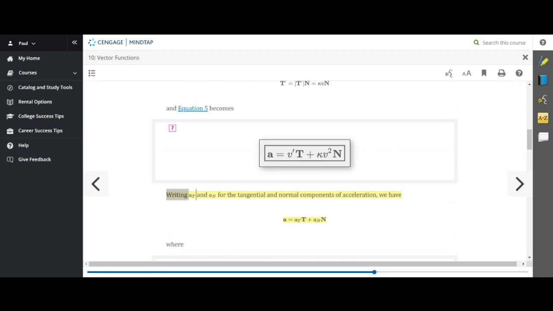If kappa is increased, does that second component that has the normal vector have a greater influence on the acceleration vector?